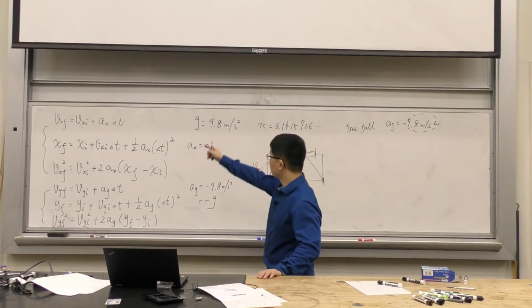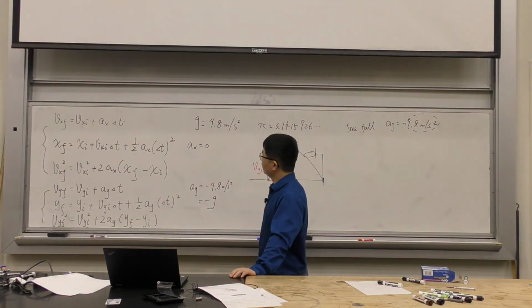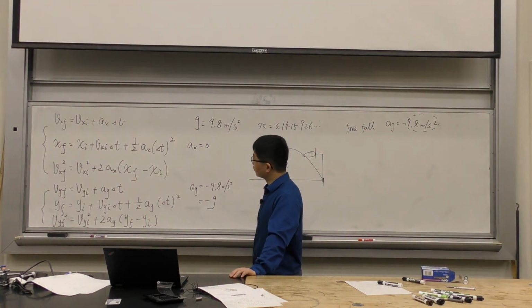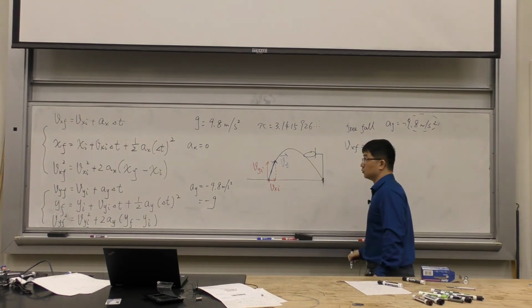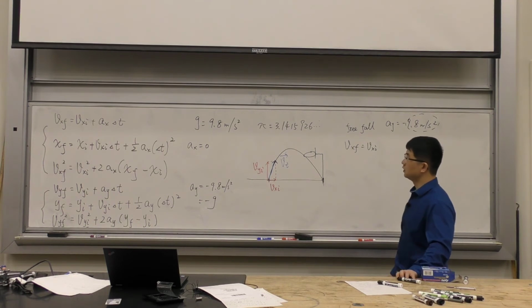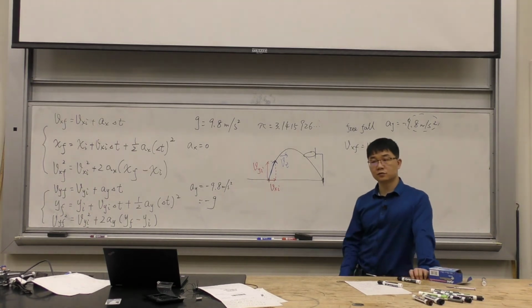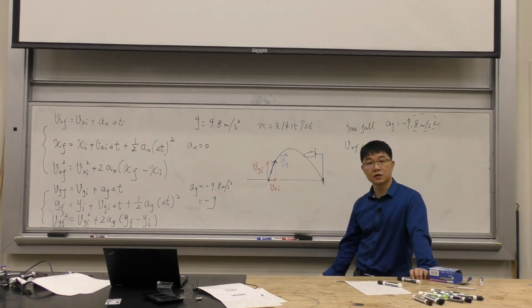Why? Take a look at the first equation. If you plug in ax equals 0, what do you get? You just get Vxf equals Vxi. What does this mean? That means the velocity is the same at the initial and final points, which you already know, because in the x direction there's no acceleration, so the velocity is constant.